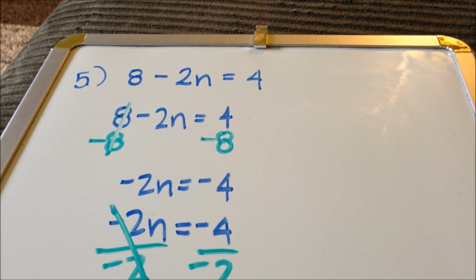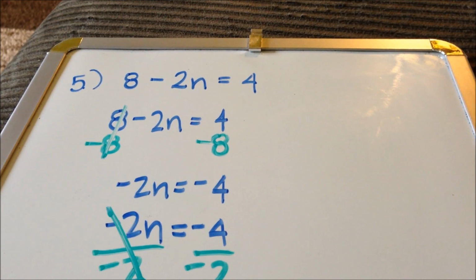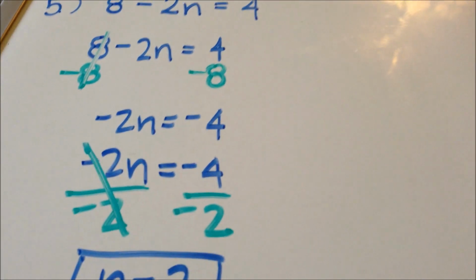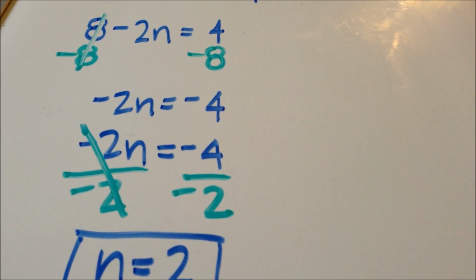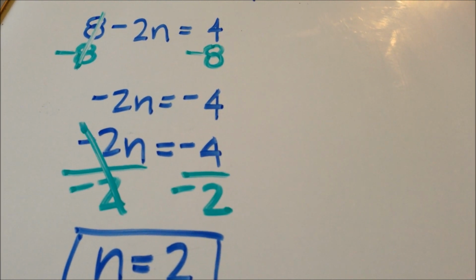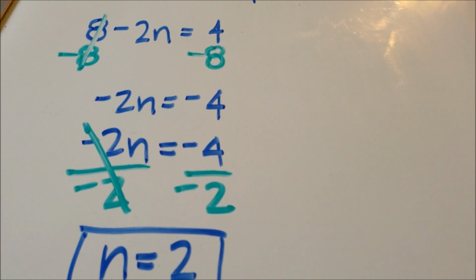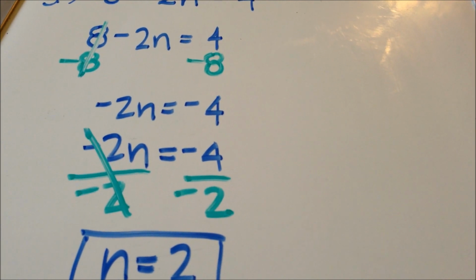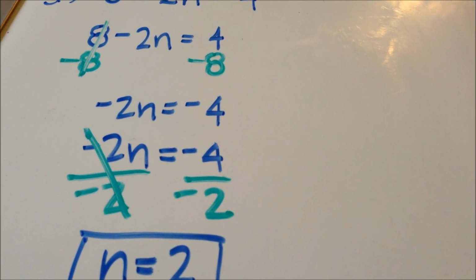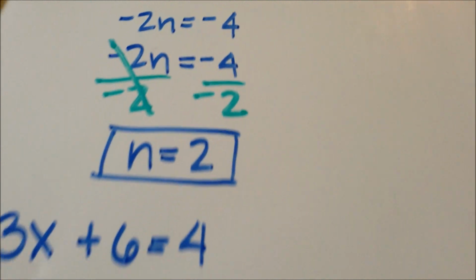Subtract 8 from both sides of the equal sign, and we end up with negative 2n equals negative 4. We have to get rid of the negative 2 by dividing. Don't just divide by 2. You want to divide by negative 2. And we end up with n equals 2.